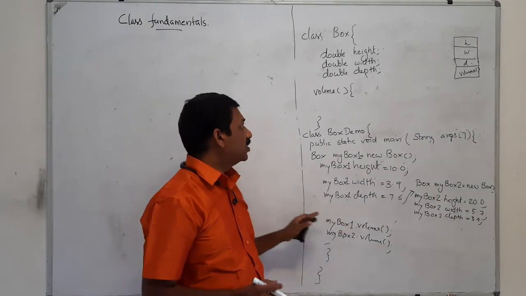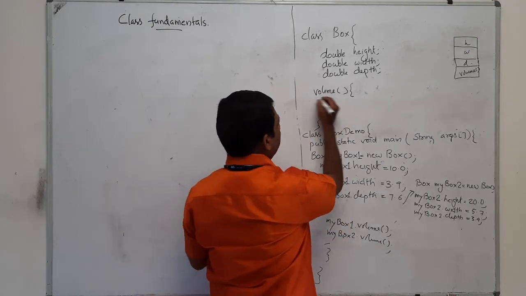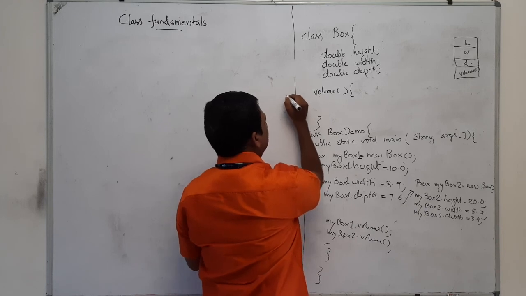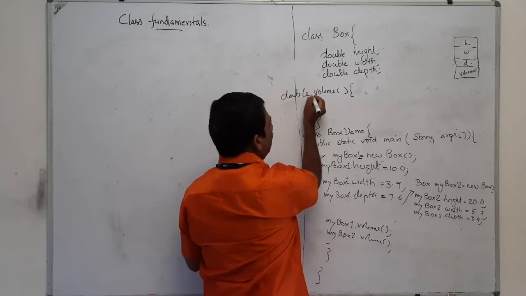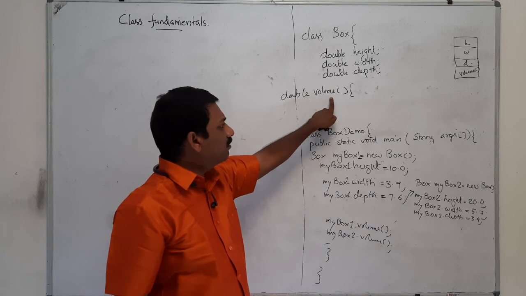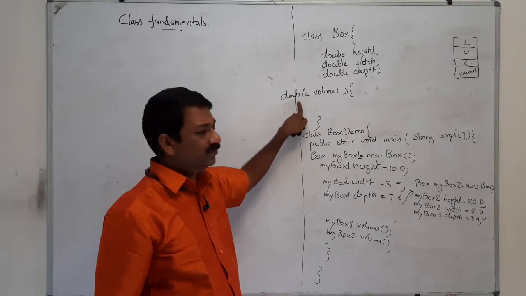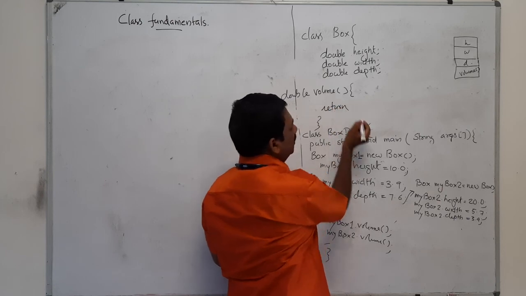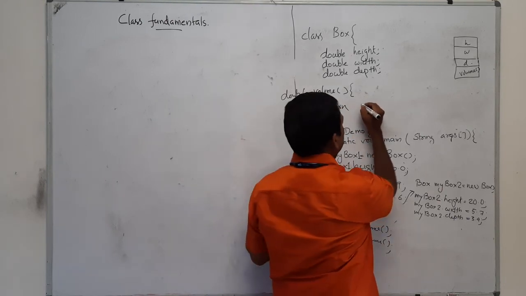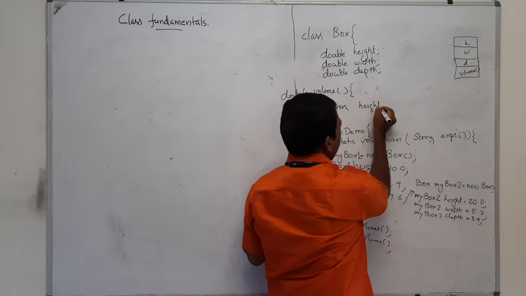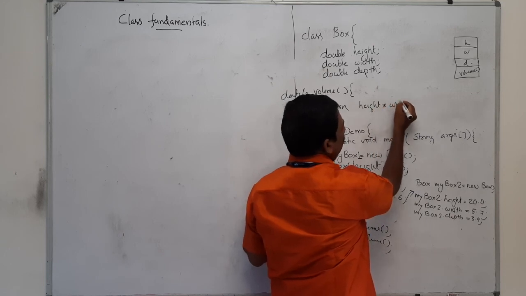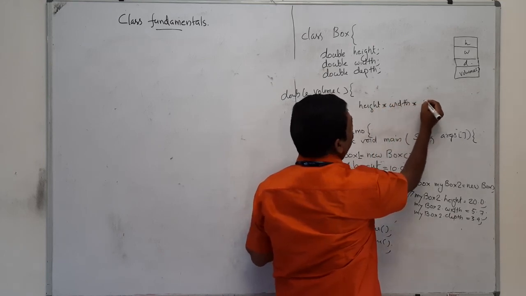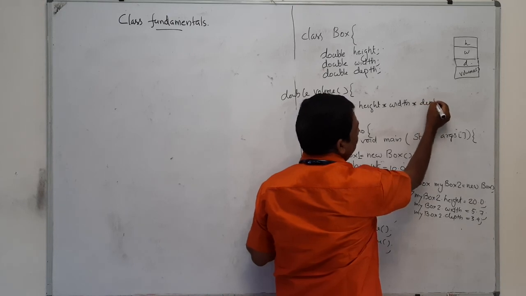So I am going to have the volume as a double value, here double volume, that means volume returns a double value, and here you are going to have a statement return height into width into depth.